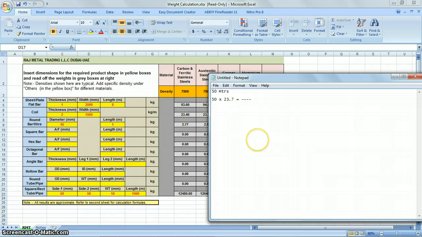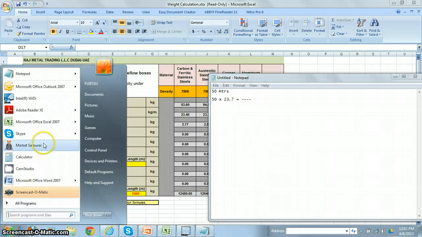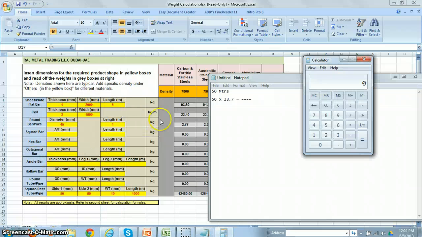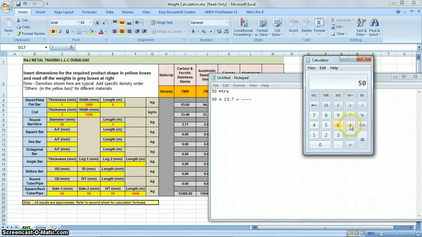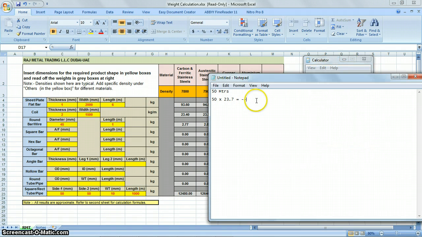You get 1185 kgs. So say the price is, for example, $1,000 per ton. So you multiply this, it's going to cost you 1185 USD.